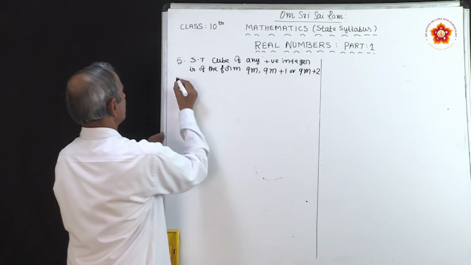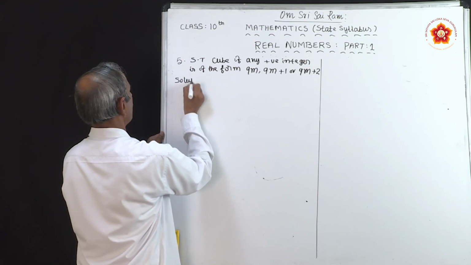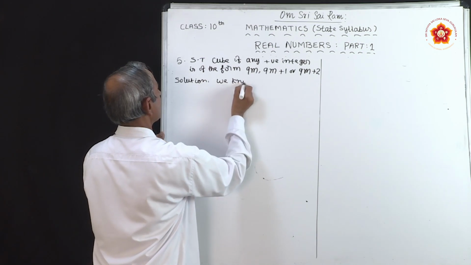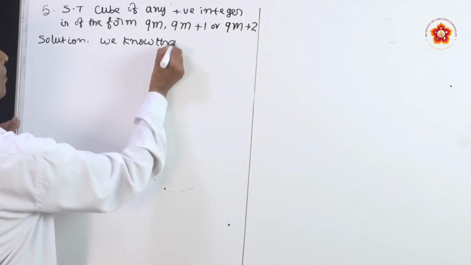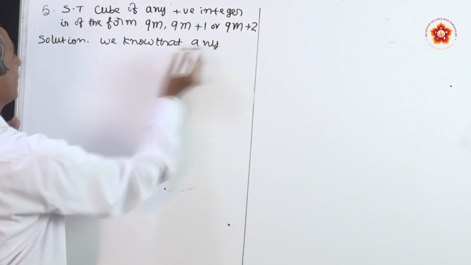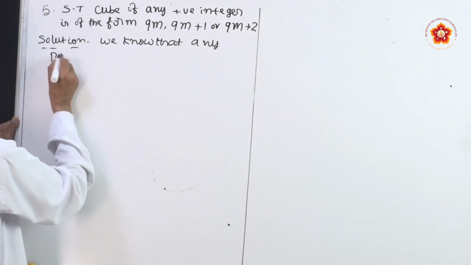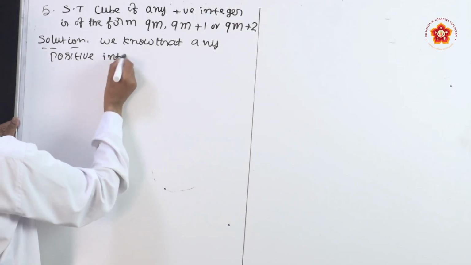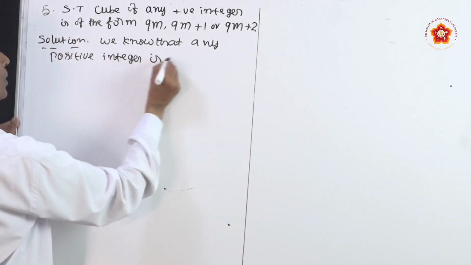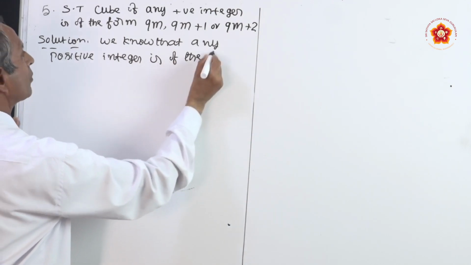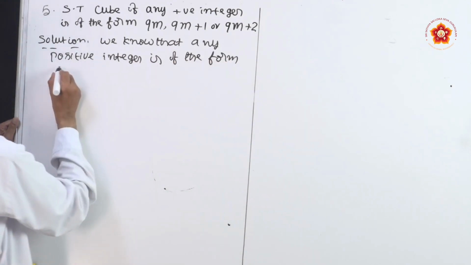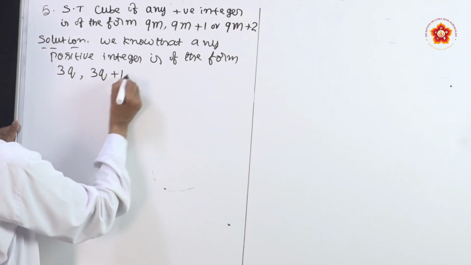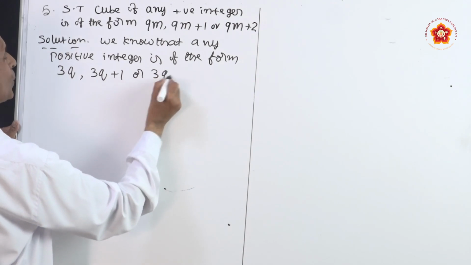We know that any positive integer is of the form 3q or 3q plus 1 or 3q plus 2.